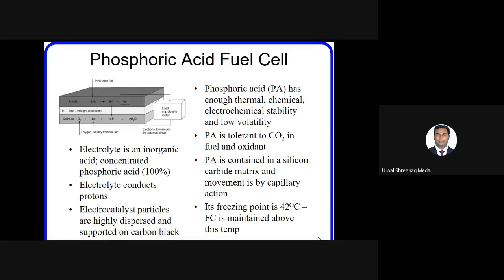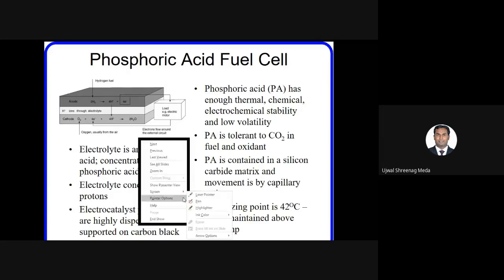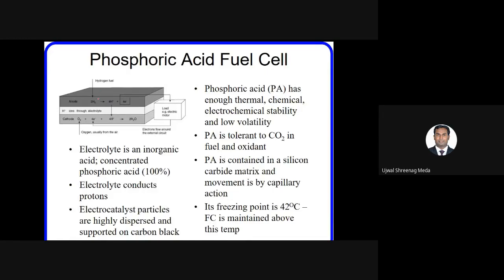The fuel hydrogen is supplied at the anode. Hydrogen splits into protons and electrons at the anode.